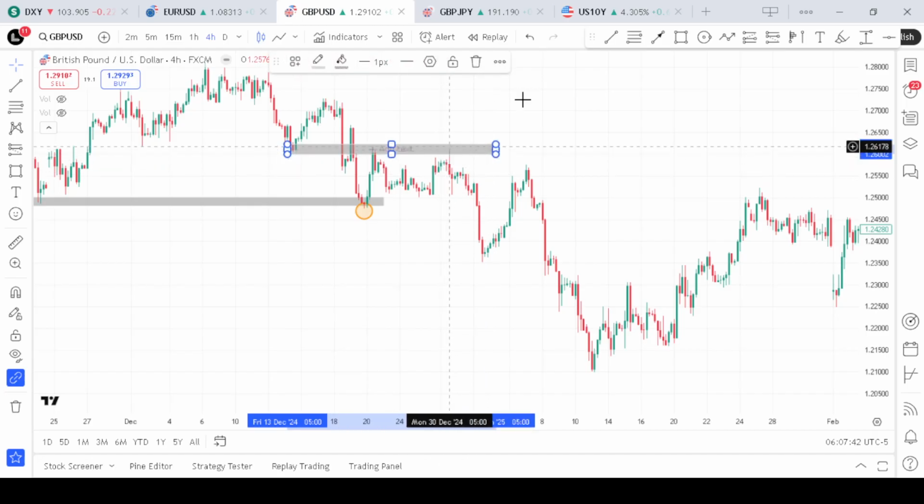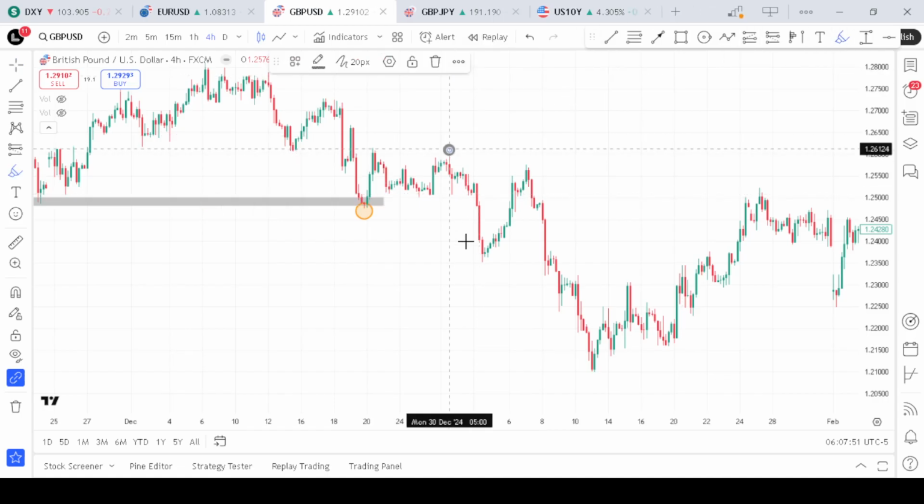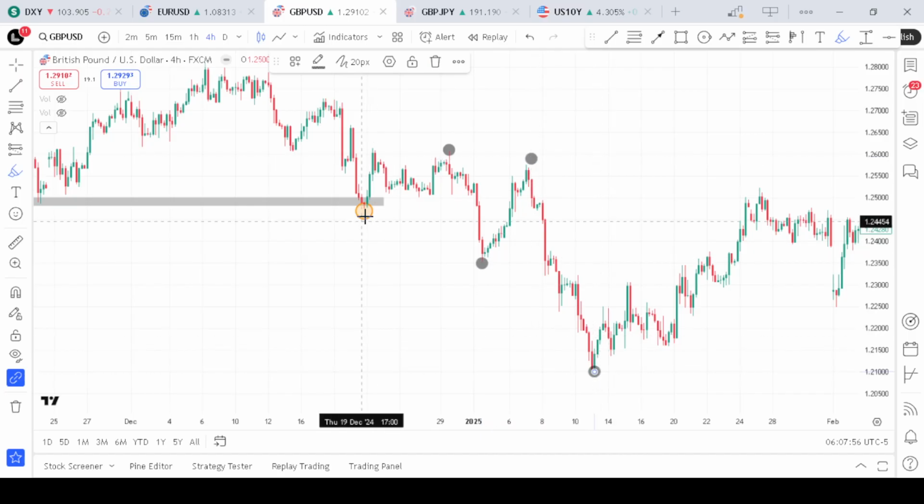Price reacted from this level and dropped back down. So these are swing points in the market, areas where price reverses from.